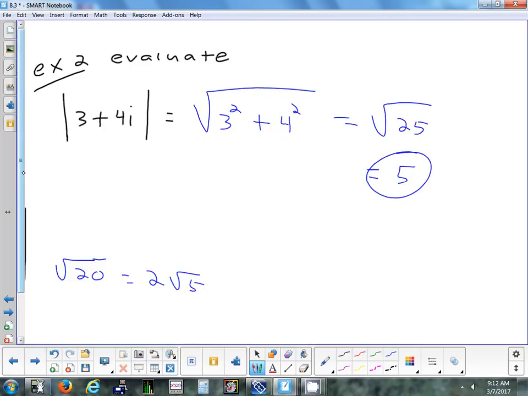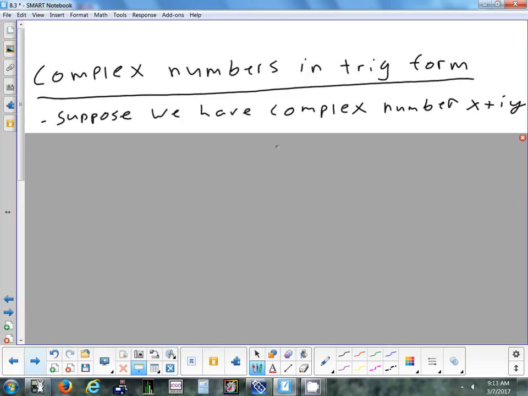Okay. So any questions on how we got that? Okay. So that's pretty straightforward. So from here till the end of class tomorrow, we're going to start looking at how we can write complex numbers a different way. Okay, trig form. Standard form is great to find absolute value, very quick.